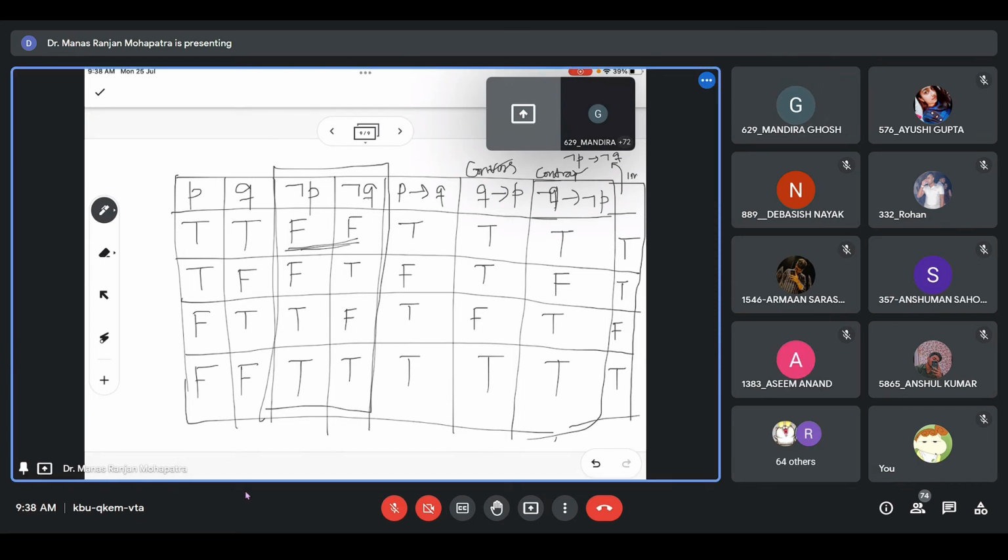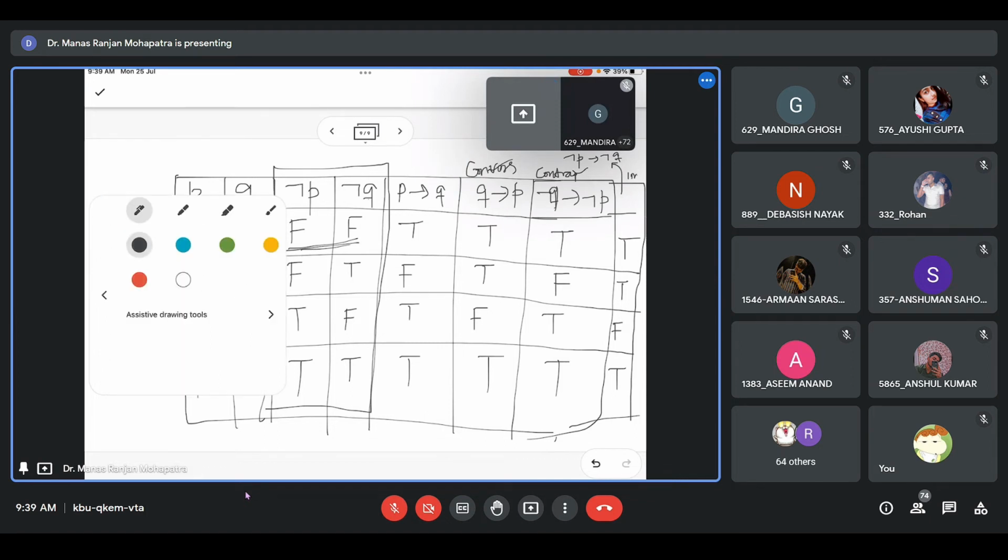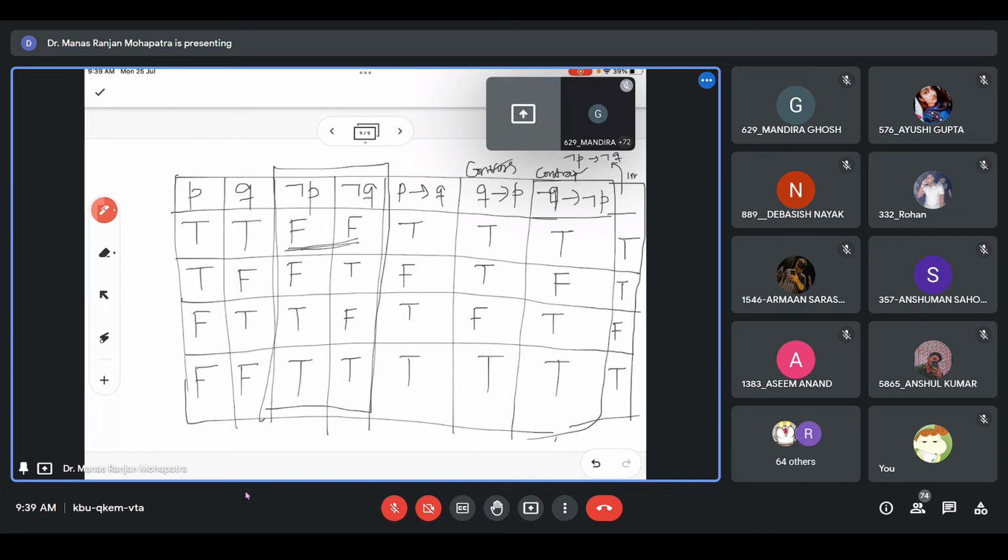Yes. Okay. So now from here, if you can mark two things, look at these values. This column, this converse part, is exactly equal to the inverse part.